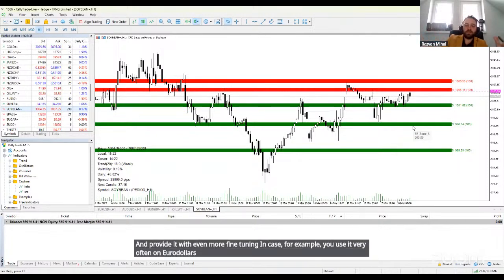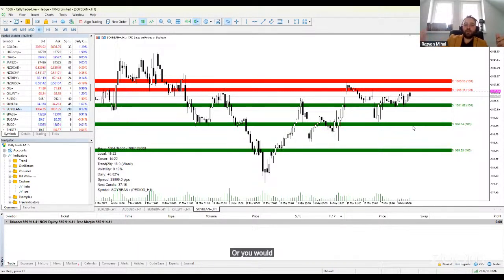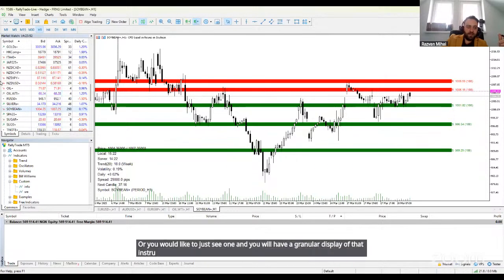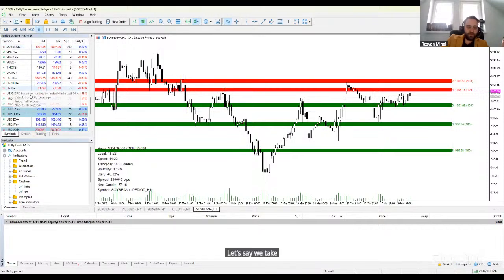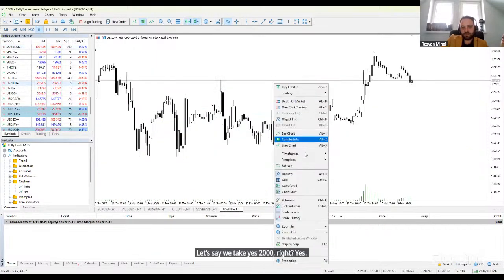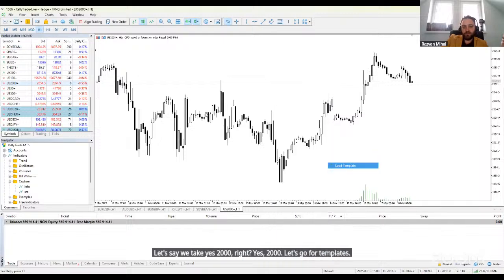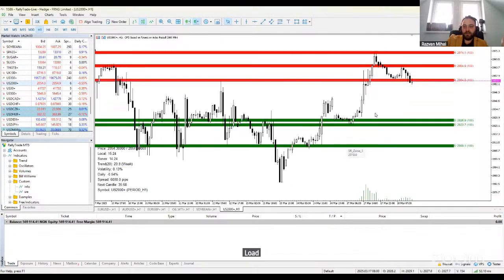Let's take it as an example, and you see that you would like 3 touches or 4 touches for a resistance to be considered strong. Or you would like to just see one, and you will have a granular display of that instrument there. Let's say we take US 2000, right? US 2000. Let's go for template, load template here.